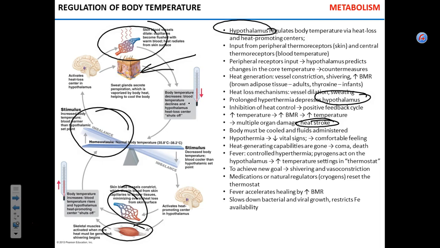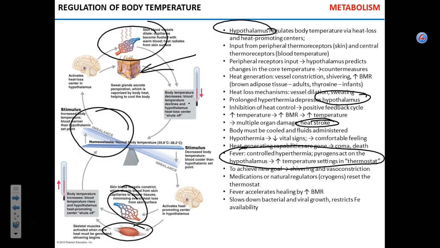Either your immune system or a bacteria will produce chemicals that act on your hypothalamus. Those chemicals are called pyrogens. And they will reset the thermostat. Now imagine, for a second, my thermostat is set for 37. Hypothetically, I'm infected, I produce pyrogens.